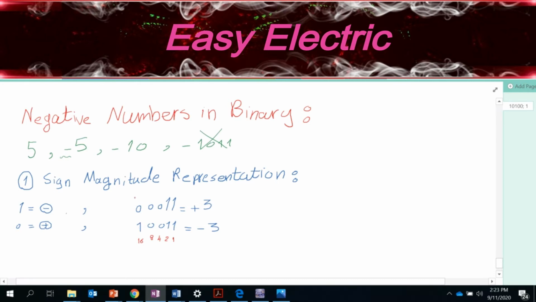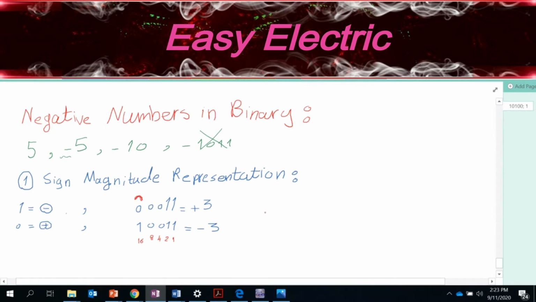This is just a bit that we use to know about the sign. So both of them are 3. This one is positive 3 because this left bit is 0. And this is again 3, but negative because this bit is 1.